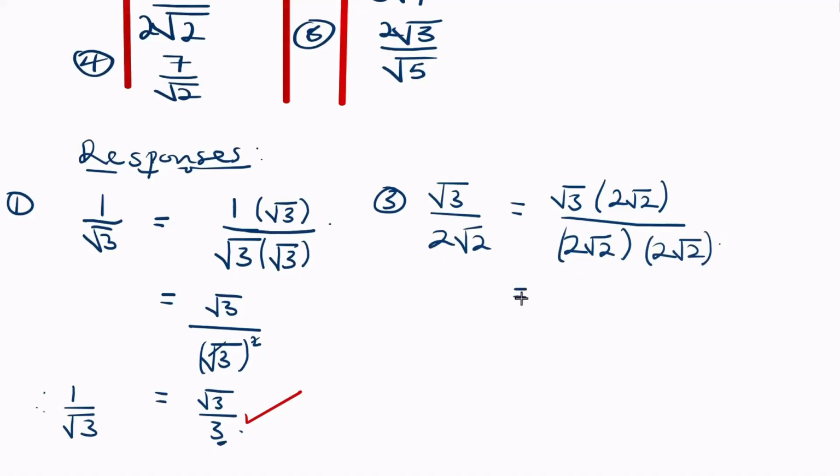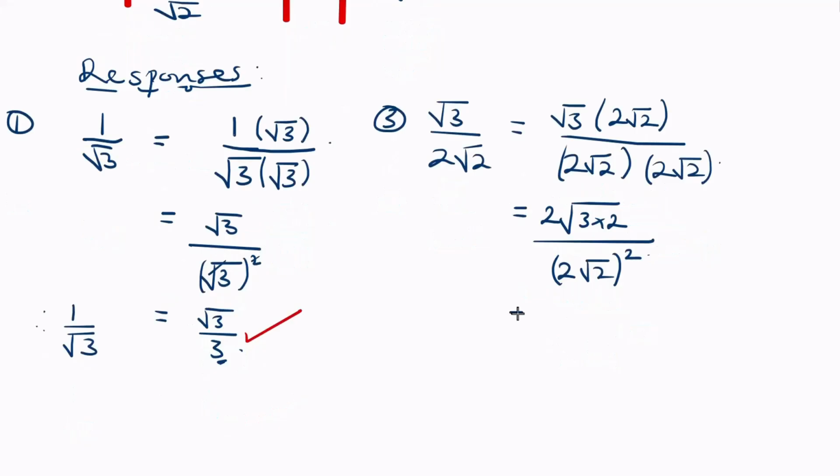Our next step is to simplify. Root 3 multiplied by 2 root 2 is the same as 2 into the square root of 3 multiplied by 2, divided by 2 root 2 multiplied by itself, the same as 2 root 2, the whole of it squared. As we simplify this, it is the same as having 2 root 6.